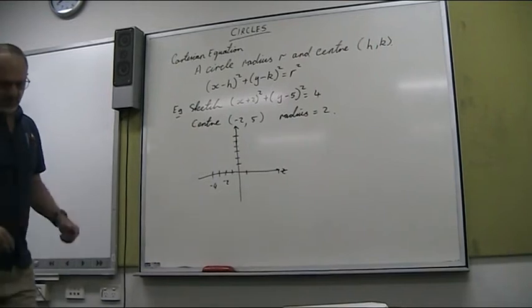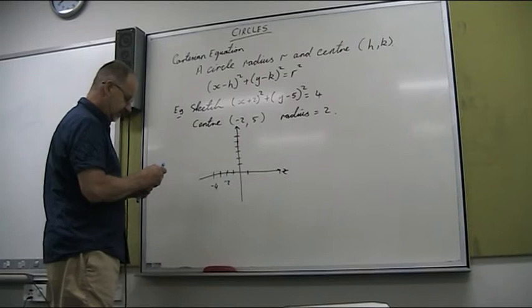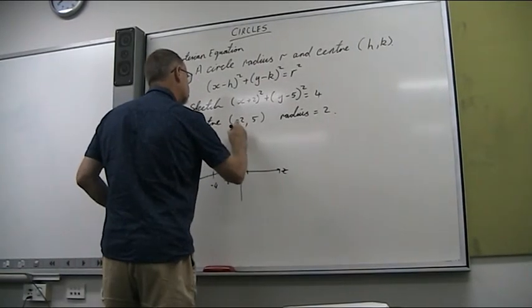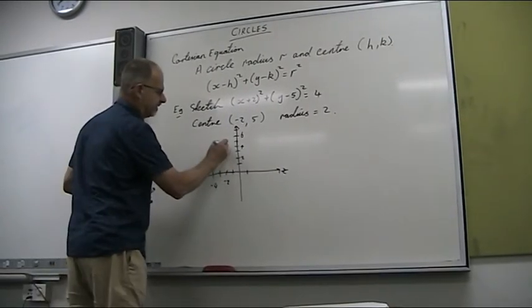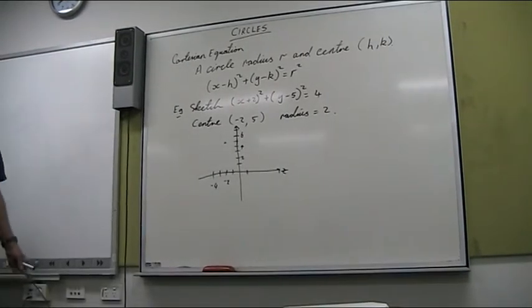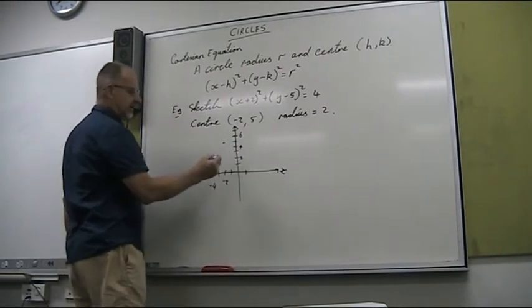So one way you can look at sketching this is find your centre. And the centre is at -2 and 5, which is there. And then because the radius is 2, you can go 2 in any direction, horizontally and vertically.